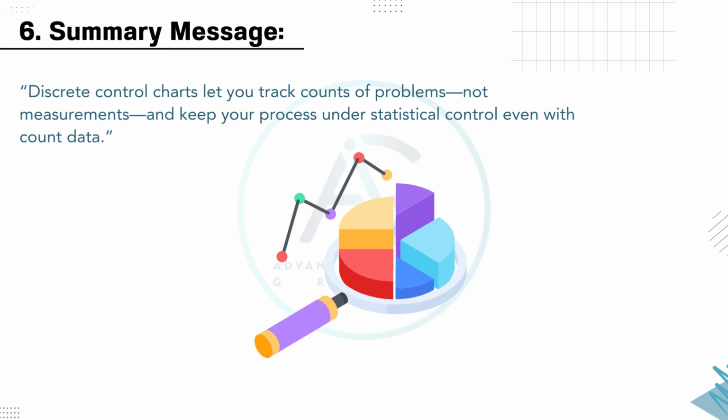The beauty of discrete charts lies in their ability to provide statistical insight even when you're not measuring things like weight or time, but simply counting occurrences. Use them correctly, interpret them wisely, and they will help you drive process excellence in both manufacturing and services.